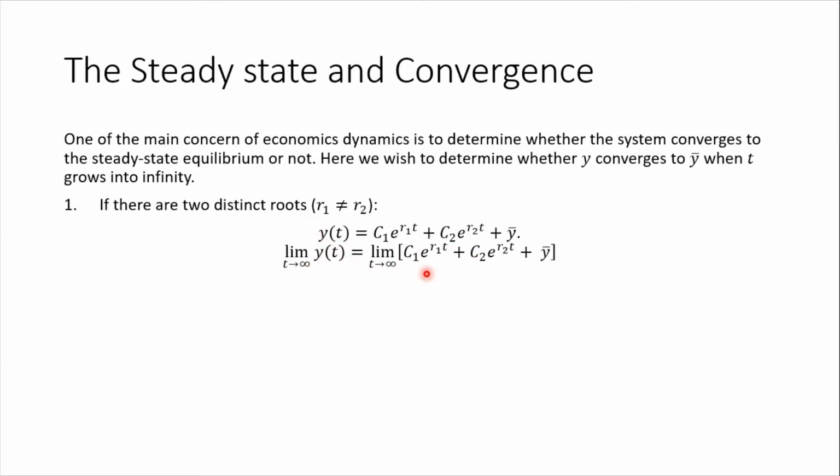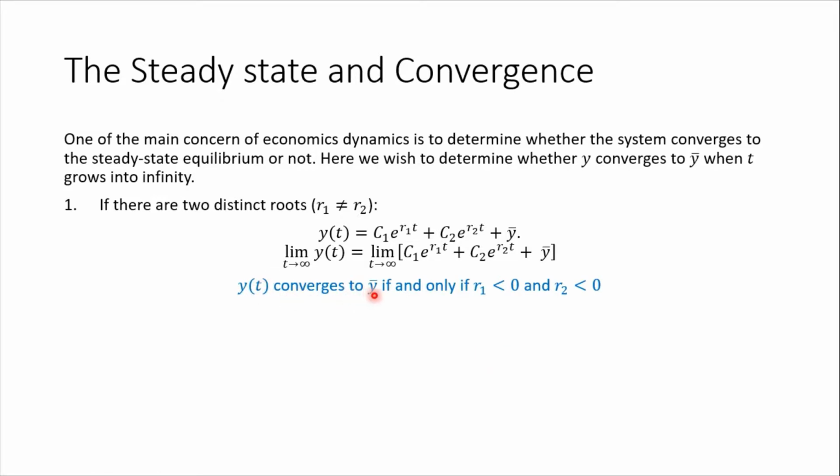And if we take the limit of t approaching infinity for y(t), of course we take the limit of this one. When will this value be equal to the steady state value? Of course, when both of these are 0. When will this be 0? Of course, when the power of e is negative.